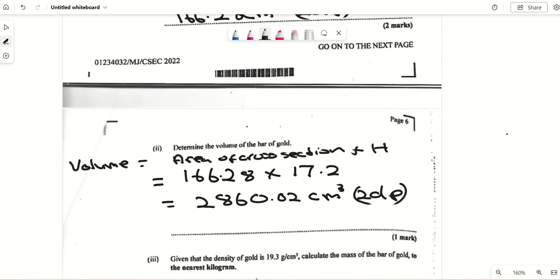And that would be your answer for this question. You see, this is 1 mark. It's not plenty working that you have to do, right?